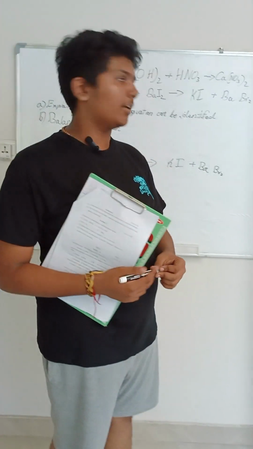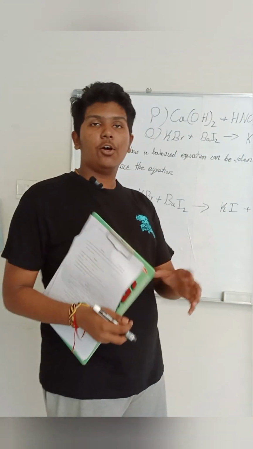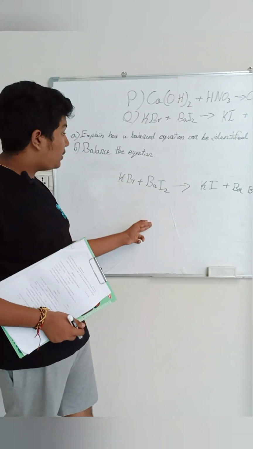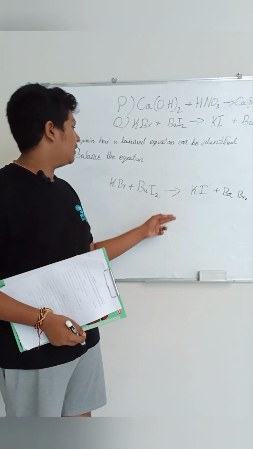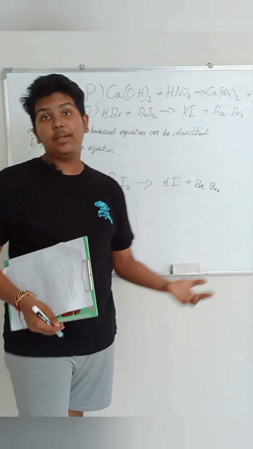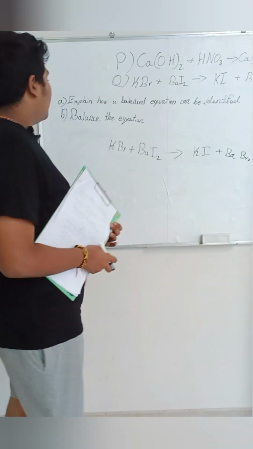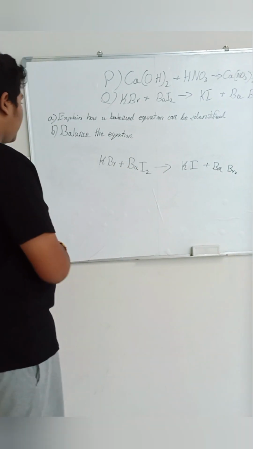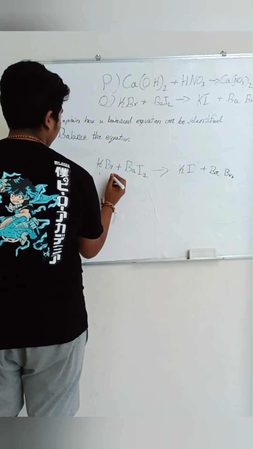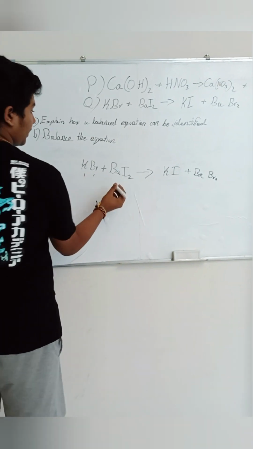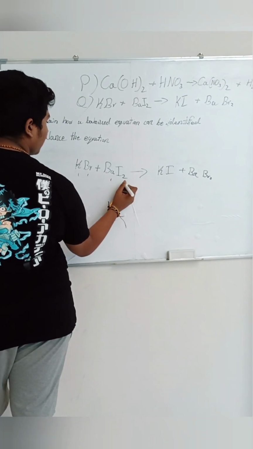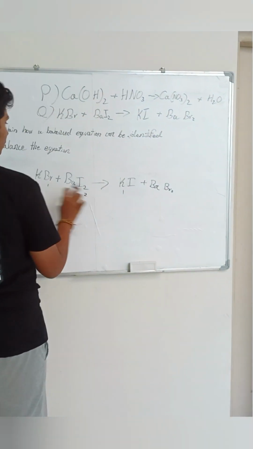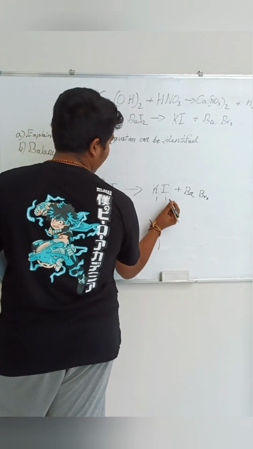Now the next equation, KBr plus BaI2 gives KI plus BaBr2. So how do you balance this? K here is 1, here also 1. Ba 1, I2, here also I2, so these two guys are okay.